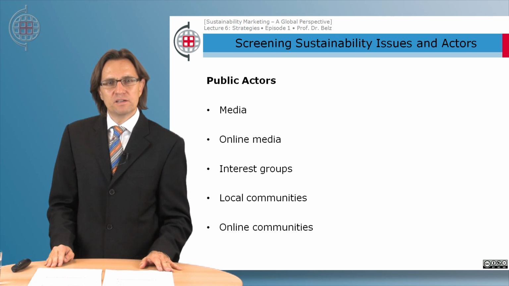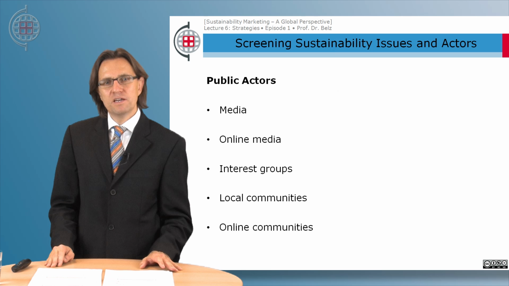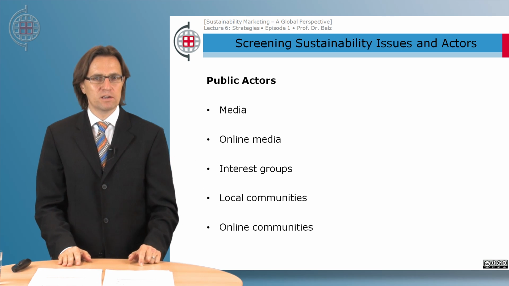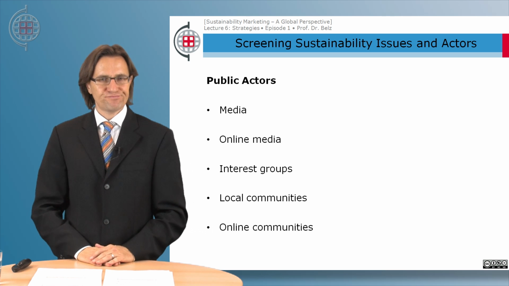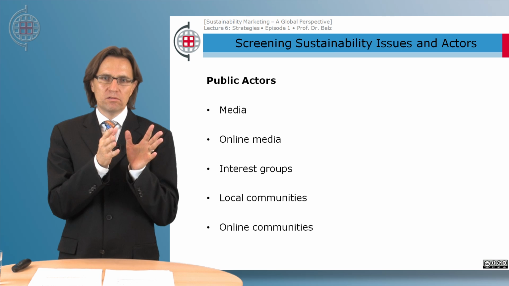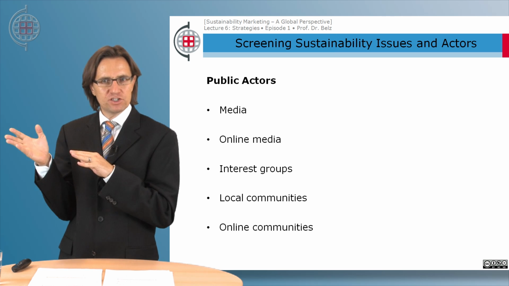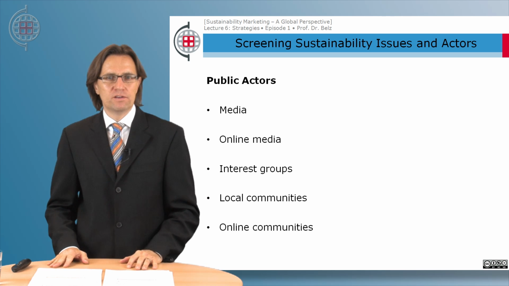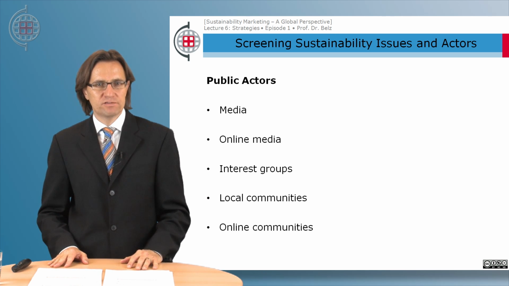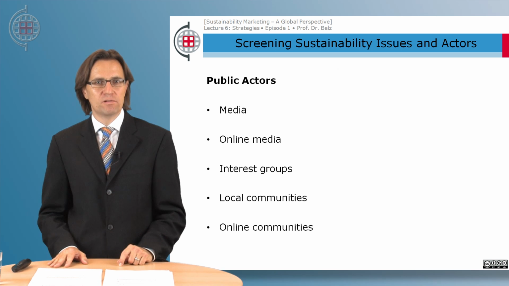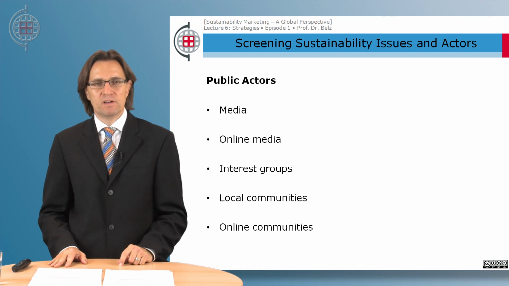Then there are different kinds of interest groups, the so-called NGOs, non-governmental organizations. They range from global NGOs to local NGOs. For example, a global NGO is the WWF, or Greenpeace, which are well-known NGOs and also highly credible.